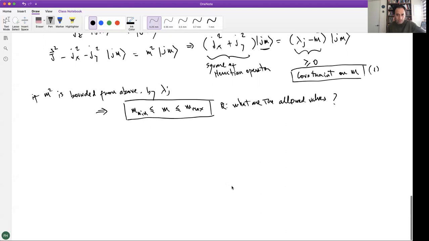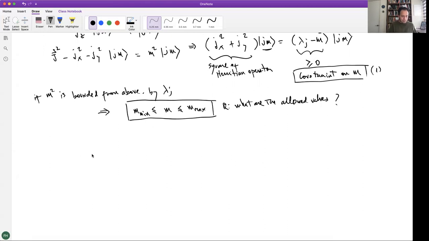for m? Now to understand this, let us introduce the so-called raising and lowering operators.